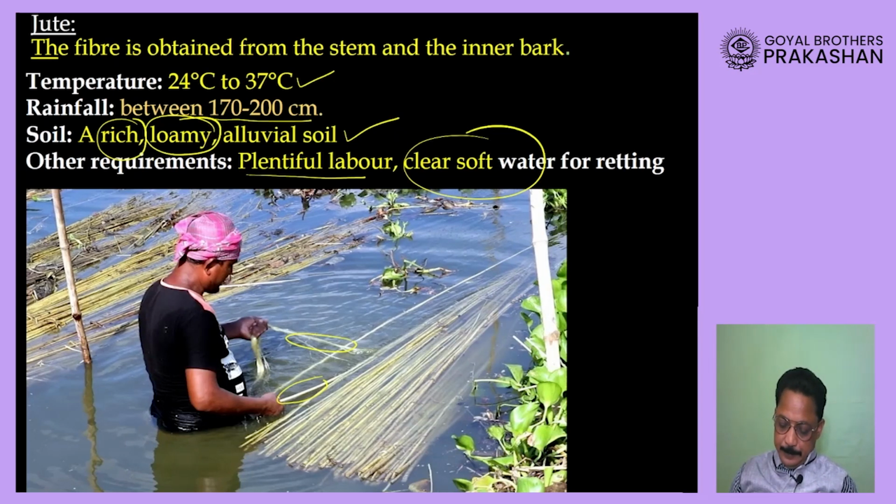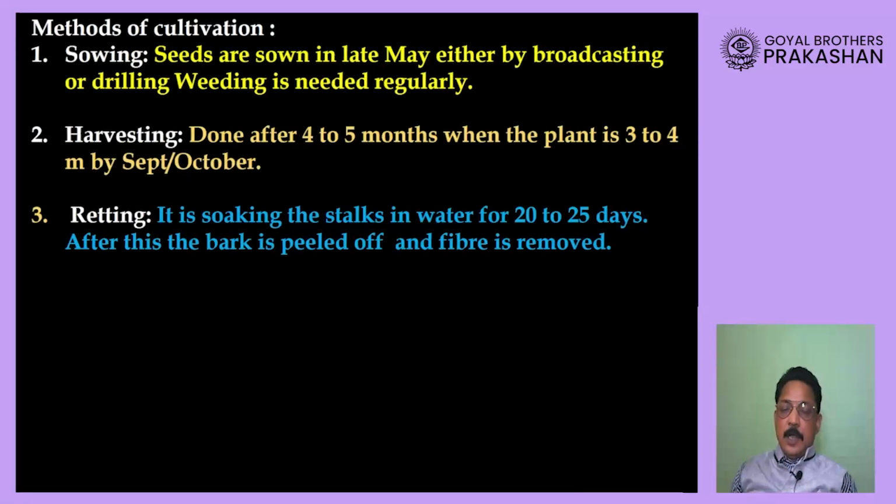Okay, now how do we sow the seeds? They are sown with the help of a process called broadcasting. We have studied that broadcasting is a method in which we simply scatter the seeds. We can also sow it by the method called drilling.